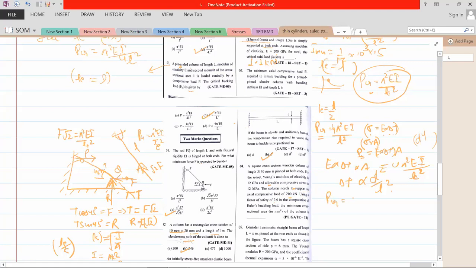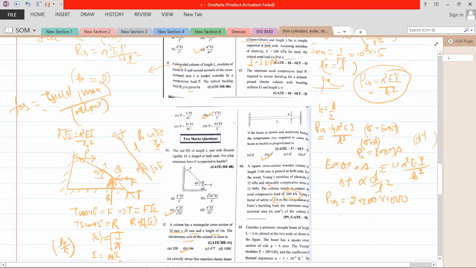P critical should be 2 into 200. Why? Because it needs to support 200 kilonewton, but the critical load should be, you know, that FOS is equal to what we said, yield or maximum divided by allowable. So allowable value is 200. Your maximum you need to find. So you need to multiply this value with 2. So it is 2 into 200 kilonewton, that is into 1000.